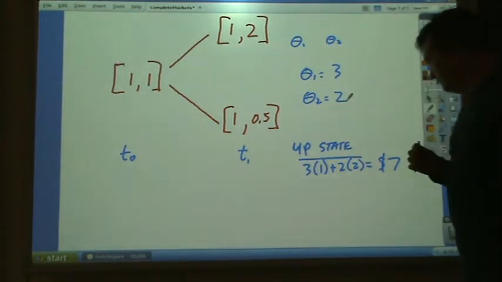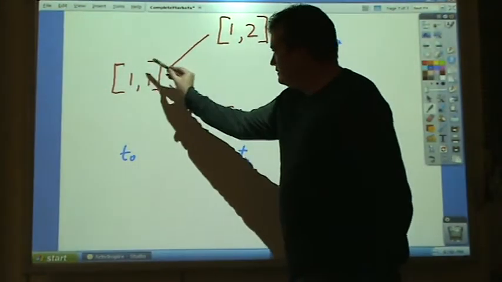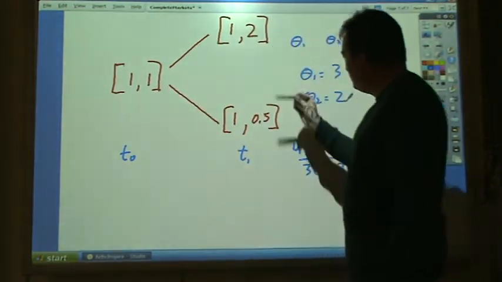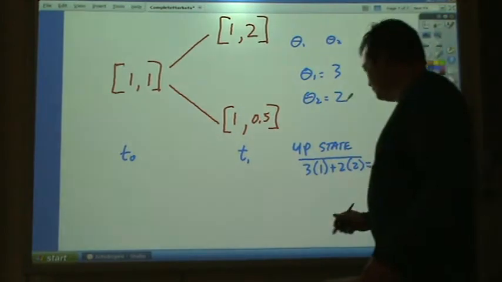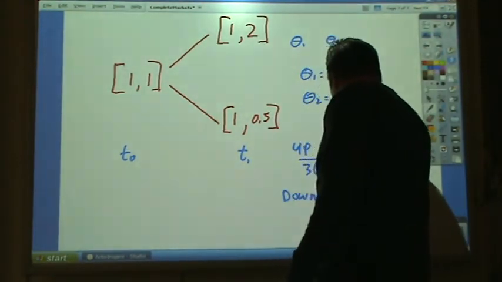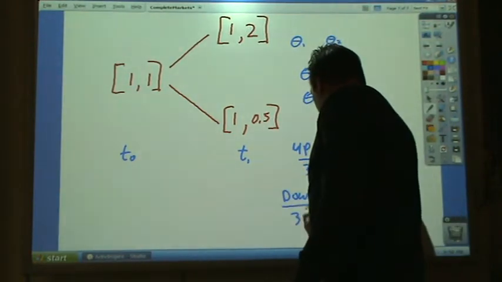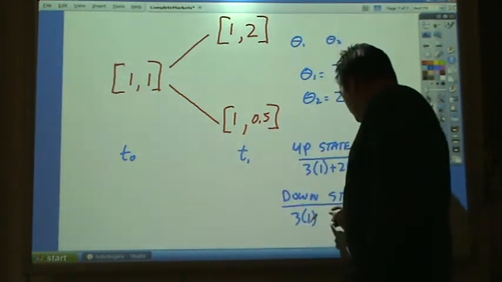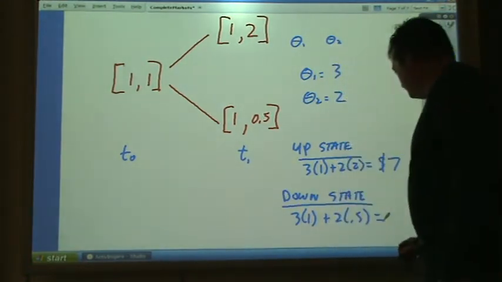So if we bought 3 of these and 2 of those, and the market went up, we would end up having a net worth of $7. If the market went down, we would end up with 3 times 1 plus 2 times 0.5 equals $4.